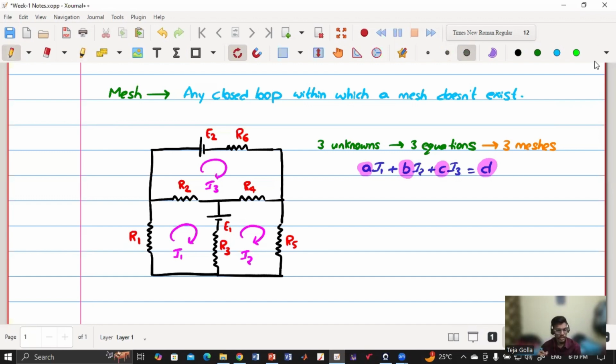There is a shortcut. You need not apply KVL in each of the meshes, but instead looking at the circuit, you can tell what the A, B, C, D values are.